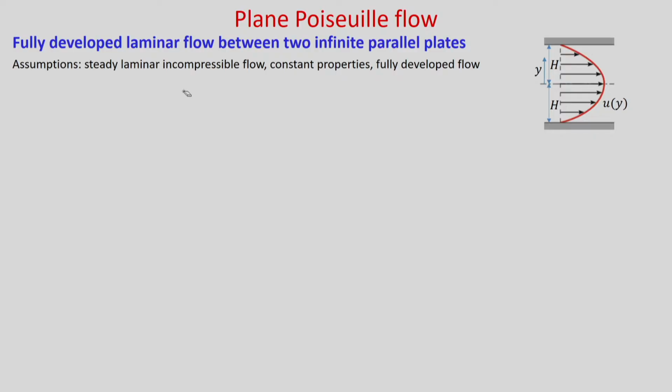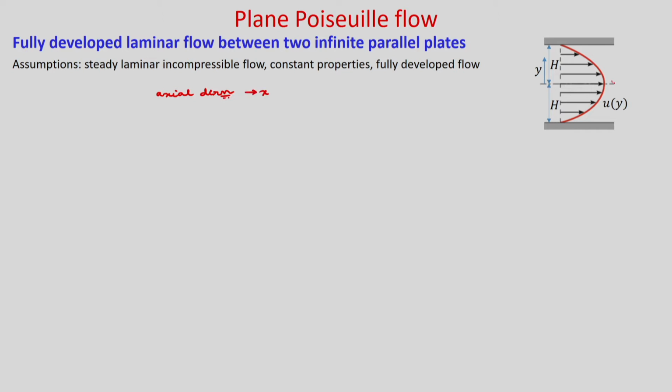and we are anyway considering the fully developed flow. You have already seen that in fully developed flow the velocity v in y direction is 0. First, let us consider that you have axial direction as x. Okay.